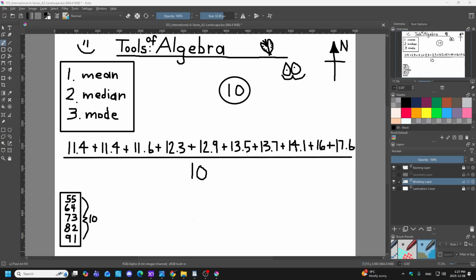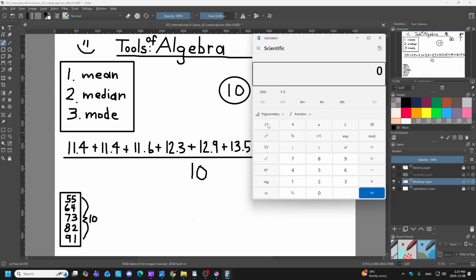Let's do this. Calculator. I'm just going to follow their table. 17.6 plus 16 plus 14.1 plus 13.7 plus 13.5 plus 12.9 plus 12.3 plus 11.6.